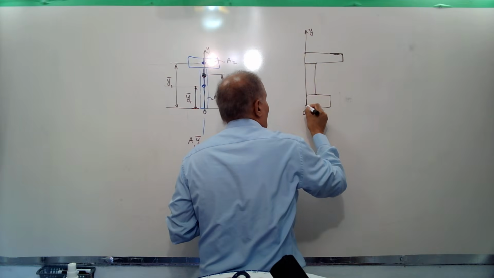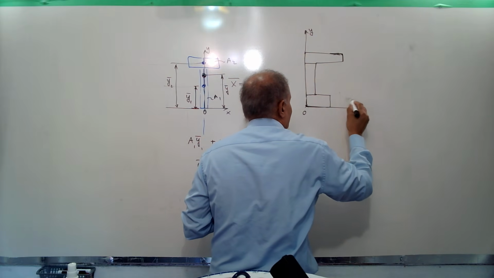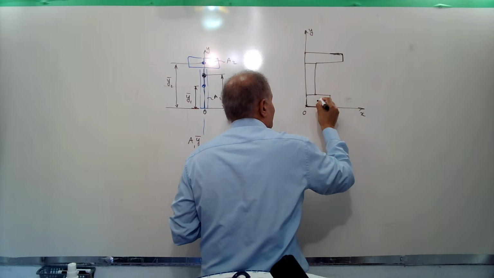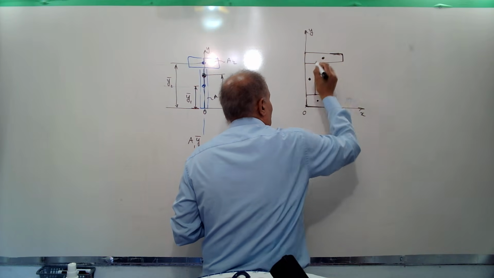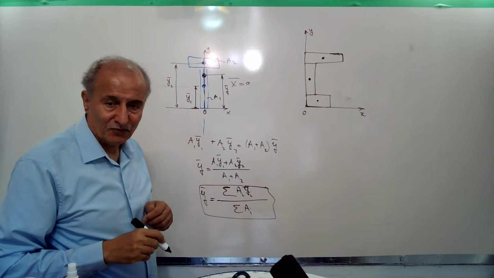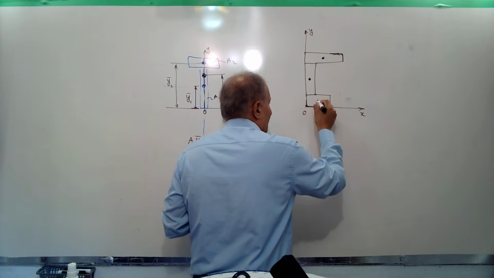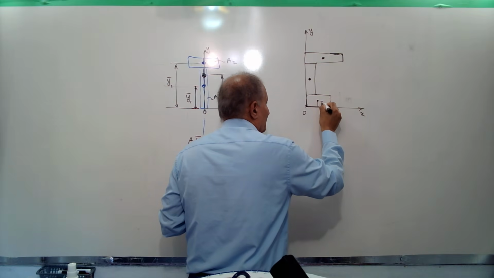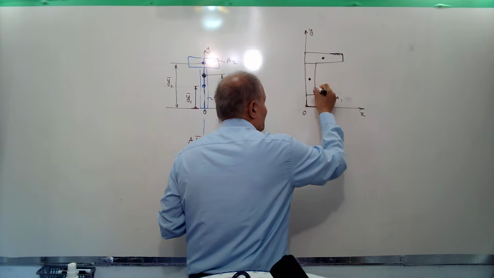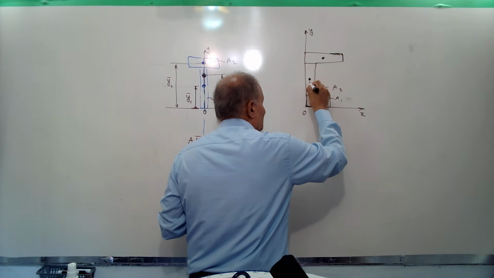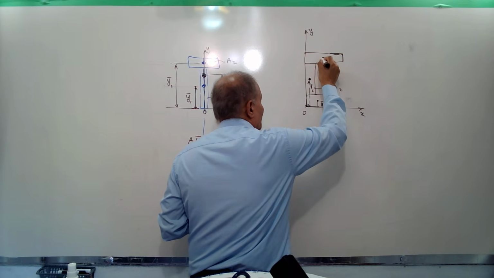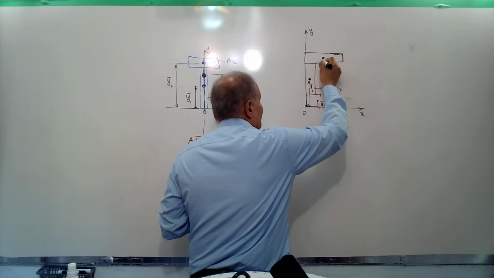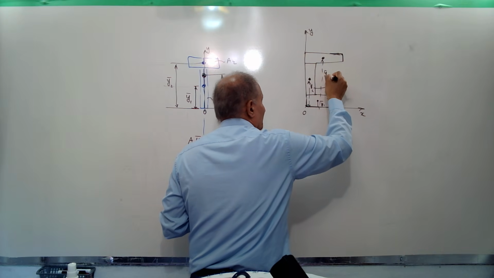This is axis y, this is axis x, and for any centroid, you have x and y coordinates. Here, this is y bar 1, this is A1, this is A2. Here, this is y bar 2, and here, this is y bar 3.